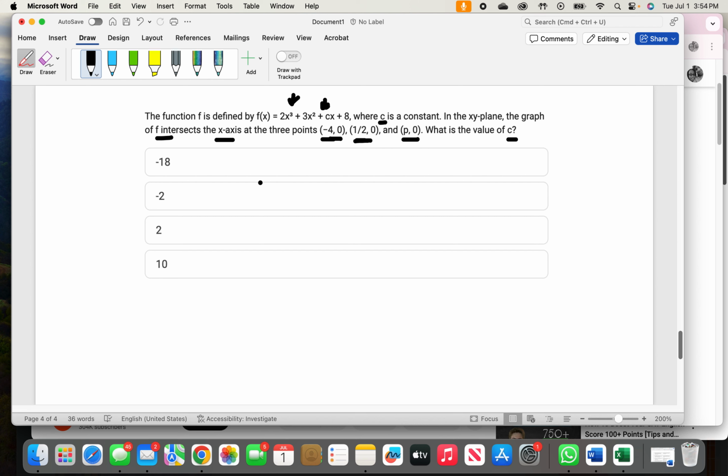Remember, f of x is going to be 0. So now I'm going to have 0 equals 2 times x, but x is -4. So it's going to be -4 to the third power, and that's going to be plus 3 times x to the second power.